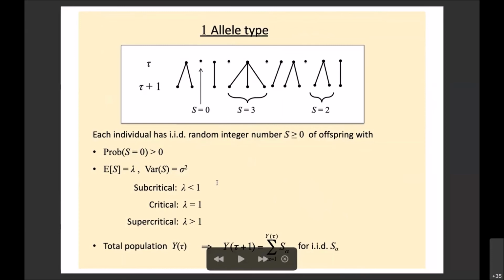We're going to assume that the expected number of offspring is some number lambda, and it's called subcritical if that's less than 1, which means the population tends to die out. Critical if it's exactly 1, and supercritical if it's greater than 1, which means the population tends to grow exponentially.